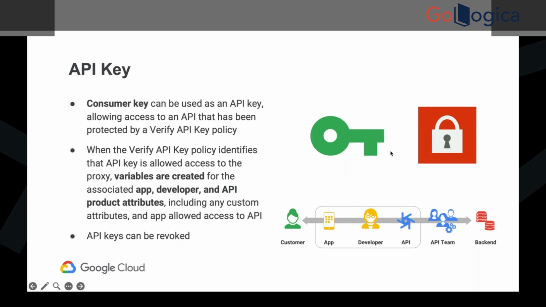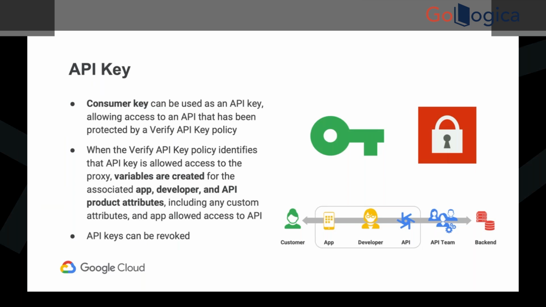And then usually APG has this verify API key policy, which is at least the basic minimum protection. If you want to identify who is calling your API, you have to provide your API key, usually in the header. APG can read it from the header and verify that this is a valid key for this API.